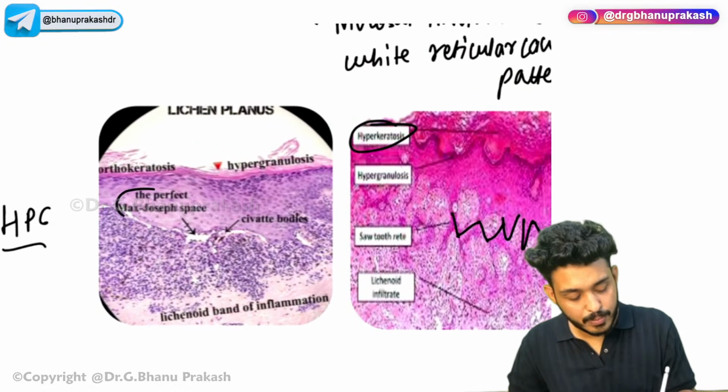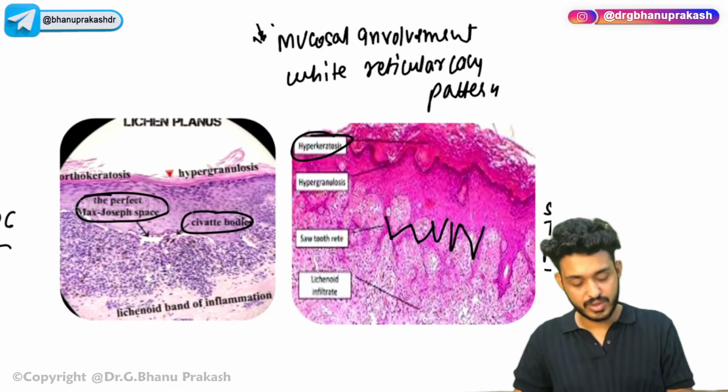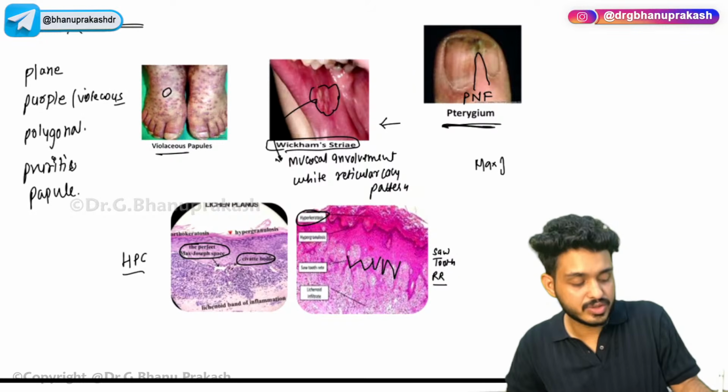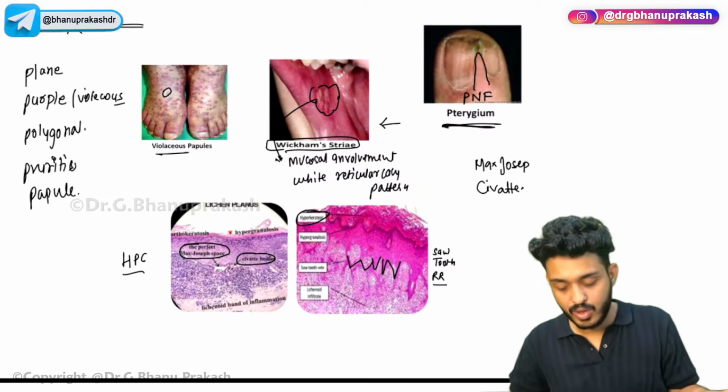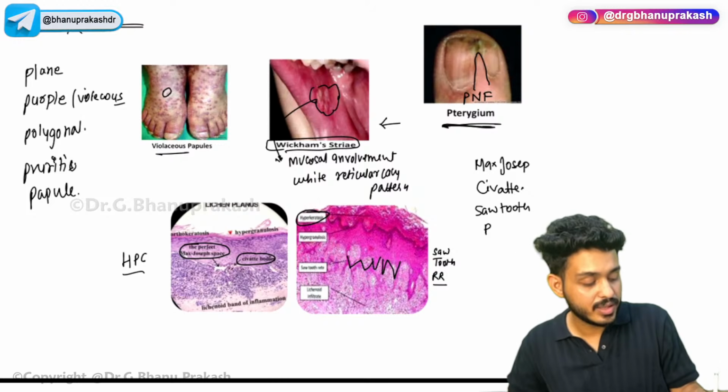Apart from that, two important things: one is Max Joseph cleft and Civatte bodies. So here you have to remember Max Joseph space or Civatte bodies, and sawtooth rete ridges.